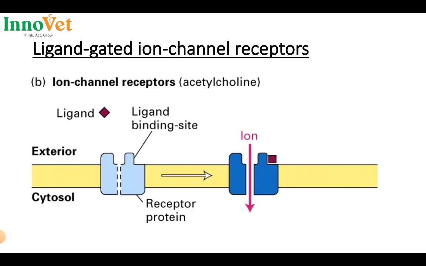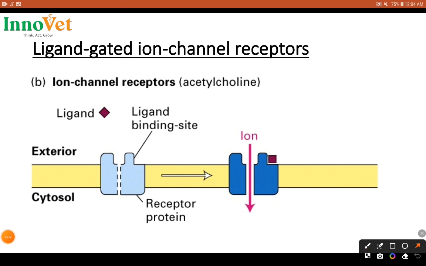So let's look at a ligand-gated ion channel receptor here. We have our ligand, we have the ligand binding site, and then the receptor protein.